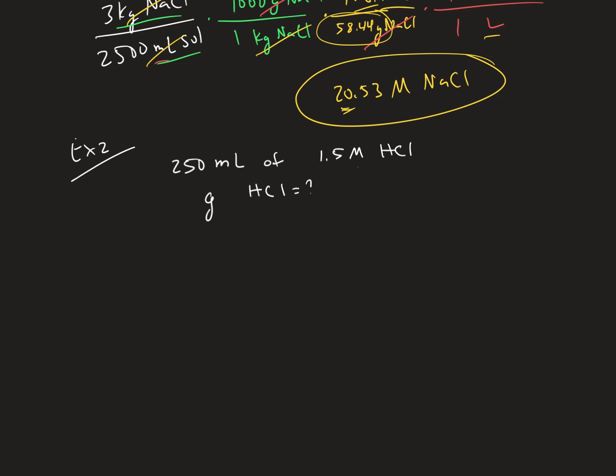So we're basically using molarity as a conversion factor. Remember, molarity is moles over liters. So we could just say this is 1.5 moles of HCl to 1 liter of solution. Right? Okay. What is this? 250 milliliters of what? Of a solution with concentration of 1.5 molar. Good?